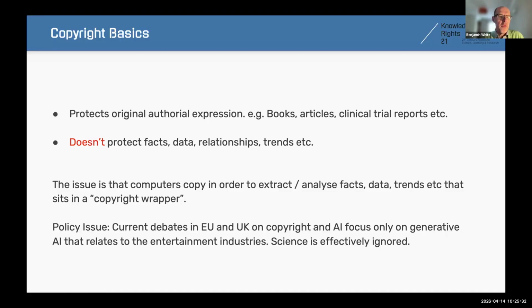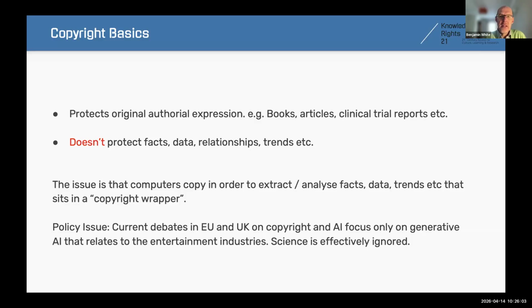And that's why, as one professor in the United States said, copyright law has the potential to bring artificial intelligence to its knees. And that's because we use computers to do data analysis and computers make copies. And that's why copyright law runs through the entirety of any discussion around data analytics, AI and machine learning.